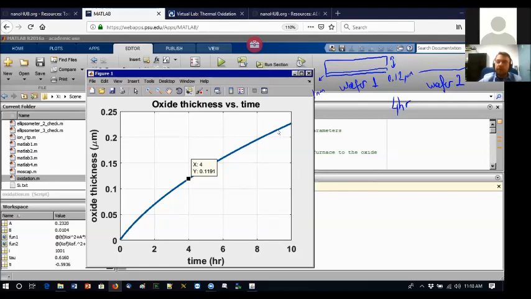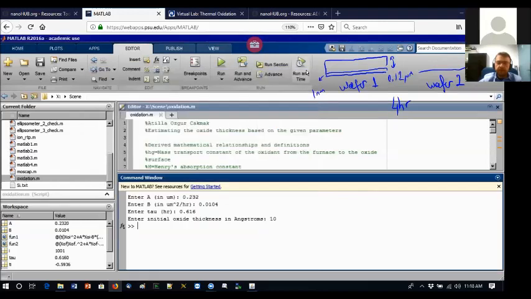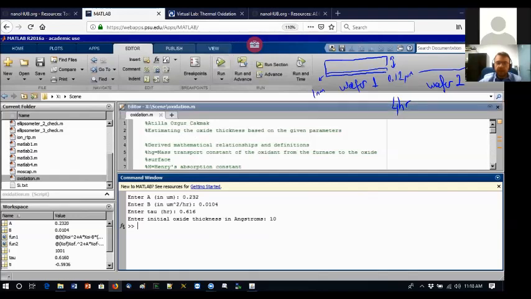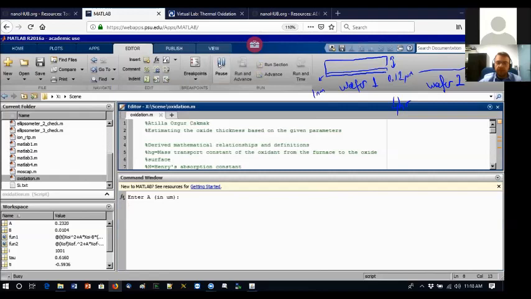Now, as for the second wafer, let's run the code again. I'm going back to the same oxidation.m, canceling that previous graph and running the code one more time.